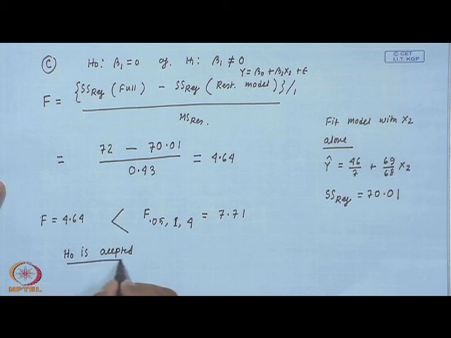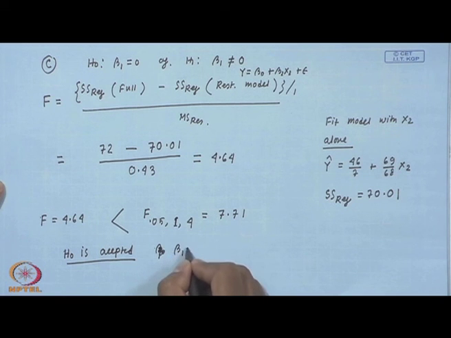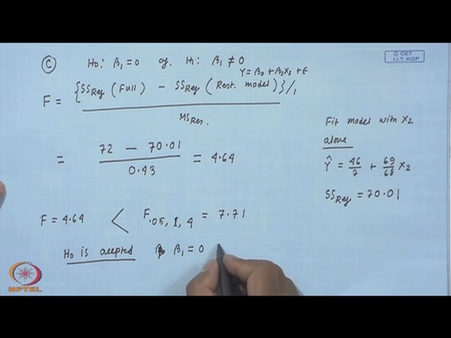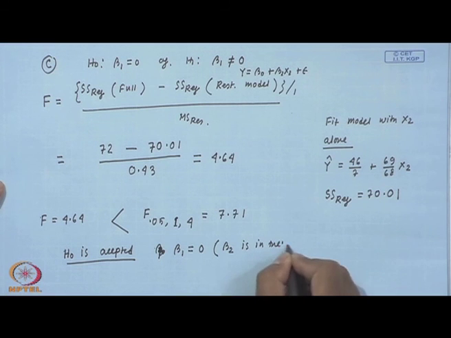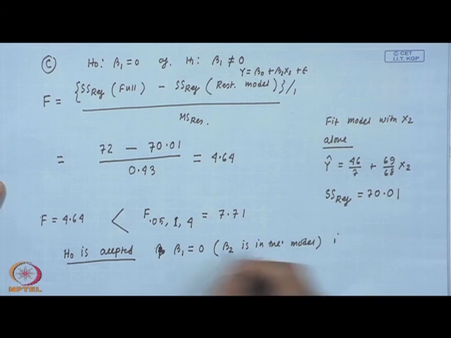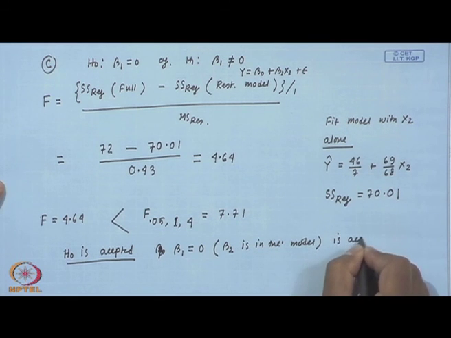What is the meaning of this one? That means, beta 1 equal to 0 when beta 2 is in the model, beta 1 equal to 0 is accepted.